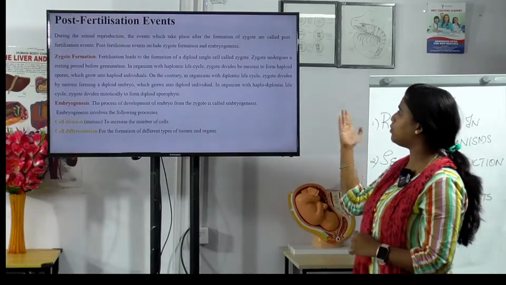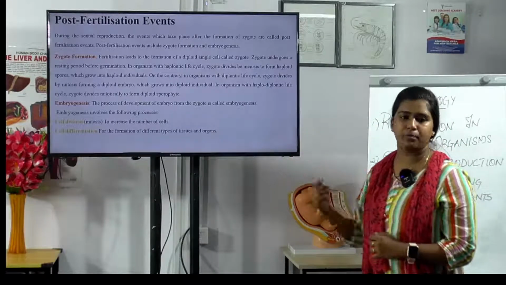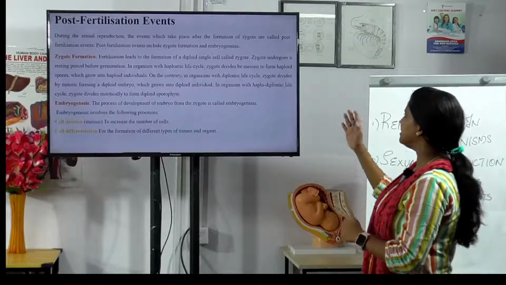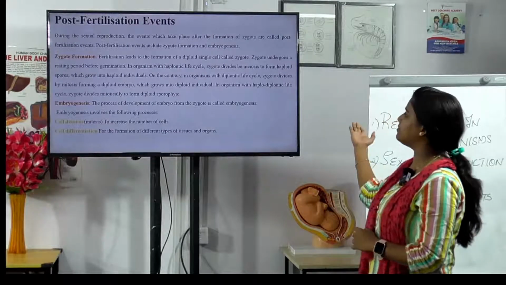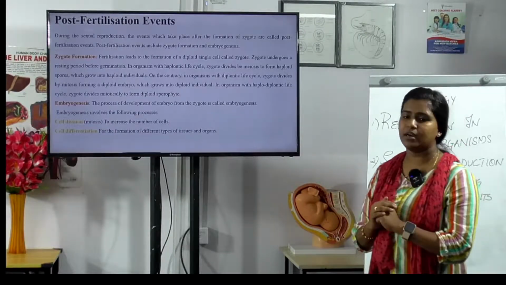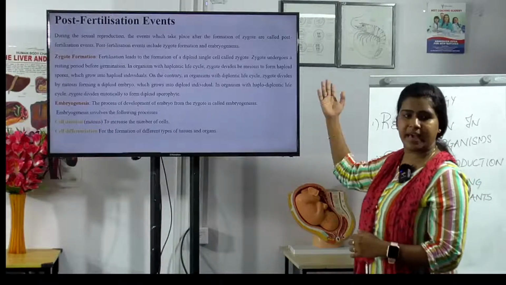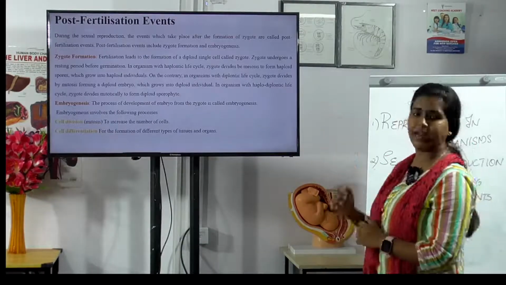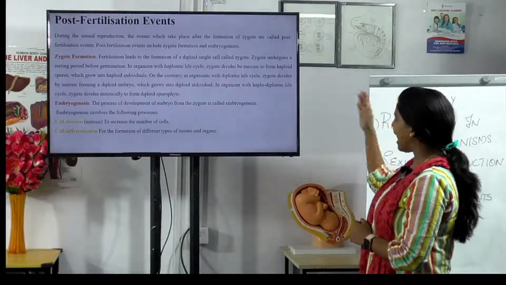But in a diplontic life cycle, the zygote divides by mitosis and forms a diploid individual. In organisms with haplodiplontic life cycle, they divide mitotically to form a diploid sporophyte.